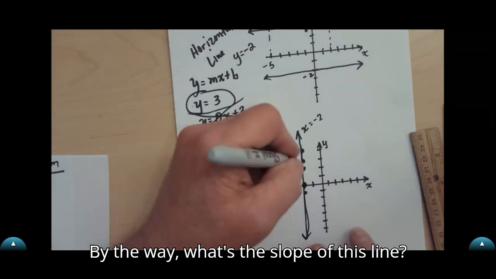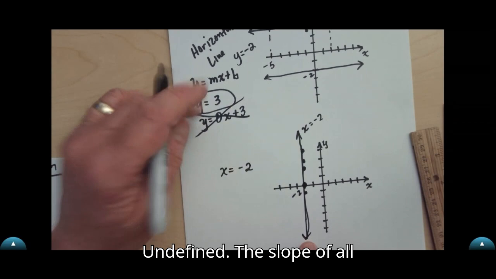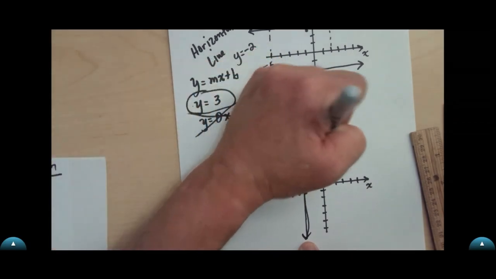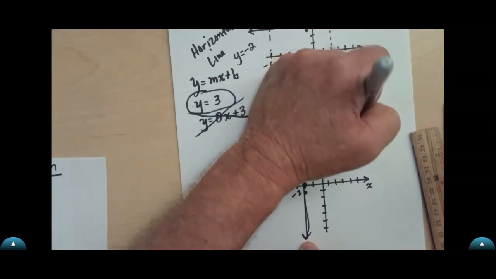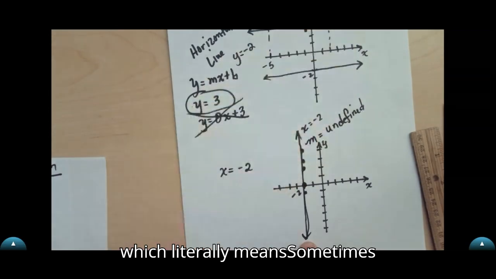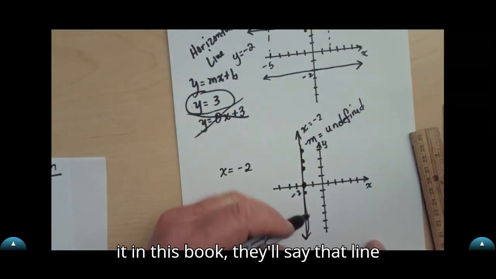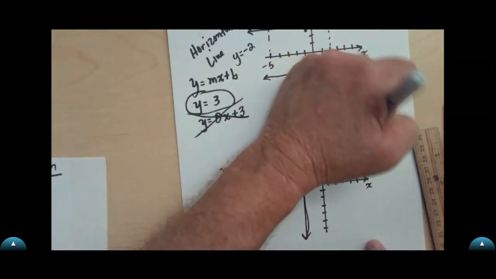By the way, what's the slope of this line? Undefined. Any vertical line has undefined slope, which literally means, sometimes you'll see it, and they may even do it in this book, they'll say that line has no slope.